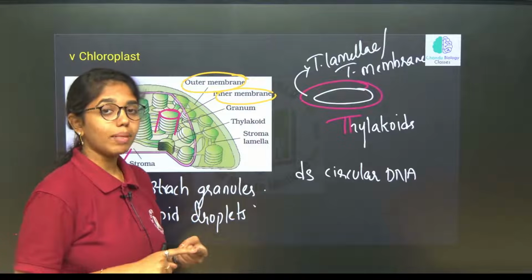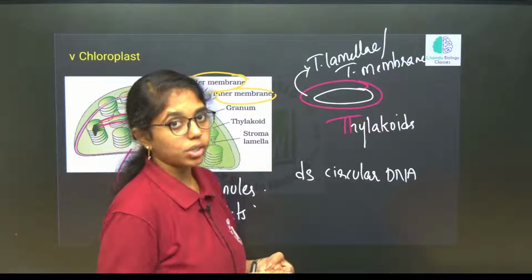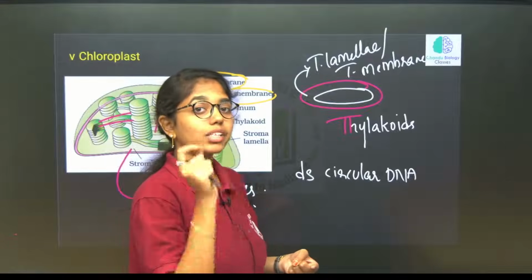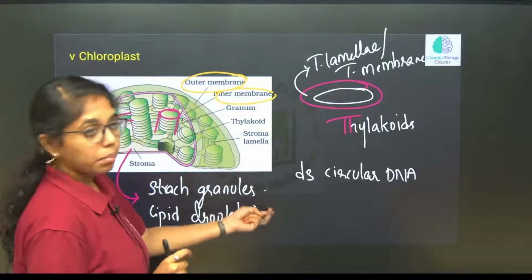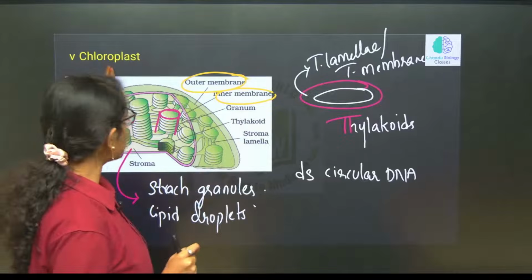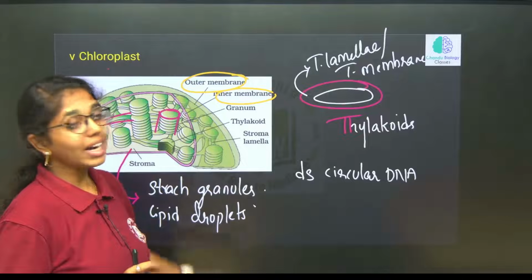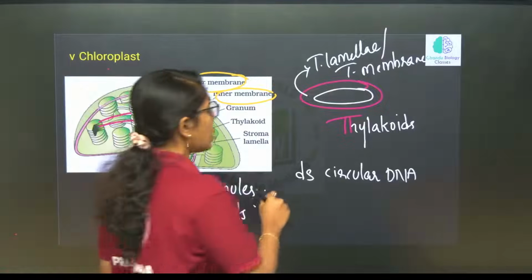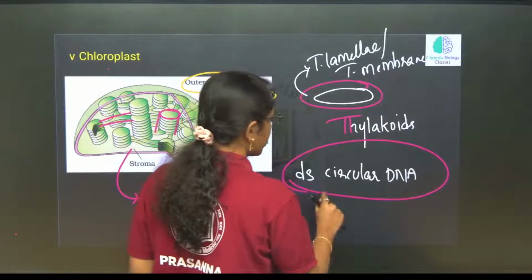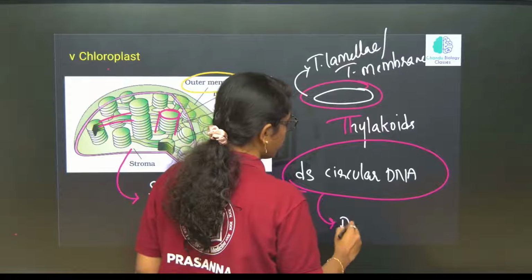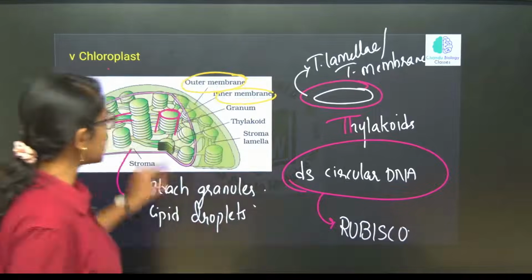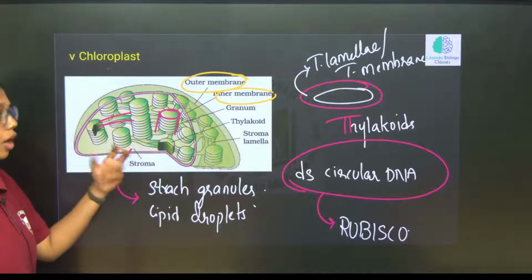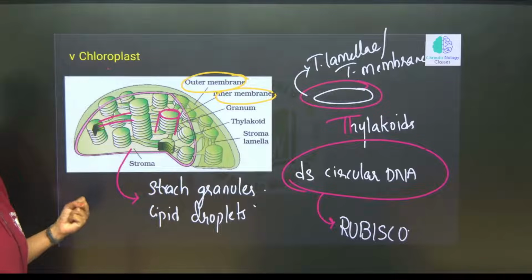In mitochondrial matrix also you will observe double-stranded circular DNA, where that takes care of the metabolic activities of that particular organelle. But here double-stranded circular DNA, which is present in the chloroplast, is involved in the synthesis of proteins. That is, world's abundant protein is synthesized, which is rubisco. Fine. Rubisco synthesis happens inside the chloroplast stroma, or you can say the matrix of the chloroplast, right.